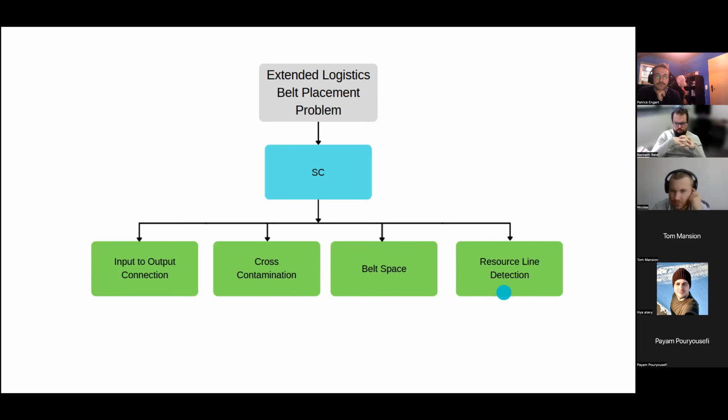And one of the things that we might want to highlight is the resource lines. So the ability to detect these resources, I think, is going to come up in different places.